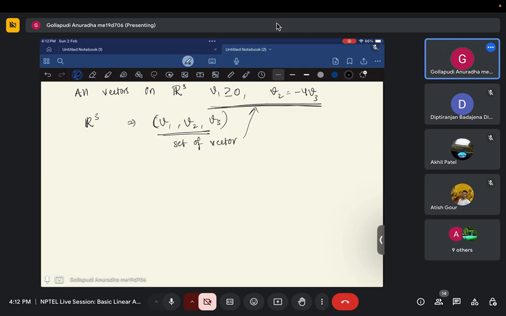So that's the question. So first rule, as we said, the 0 vector must be in the set. So for sure we must have this vector in this set. So let's see whether it will satisfy this constraint or not.